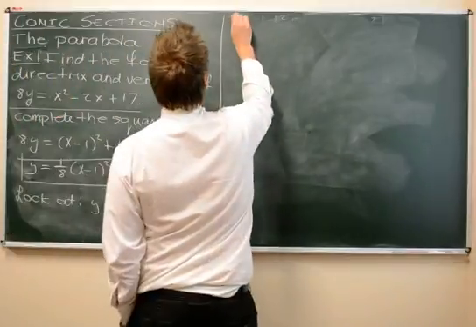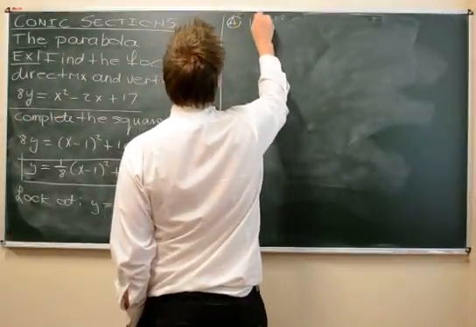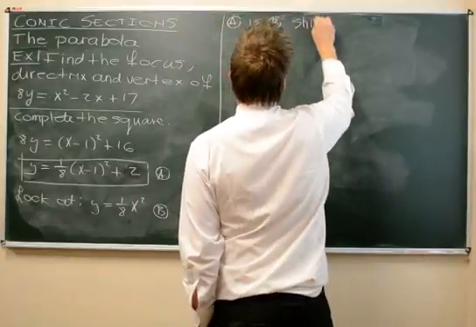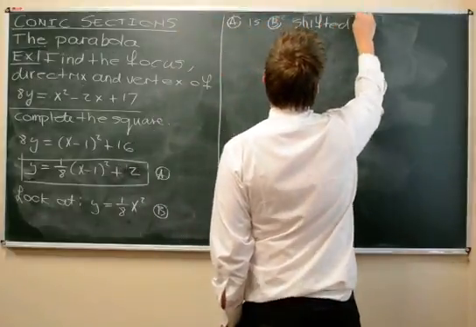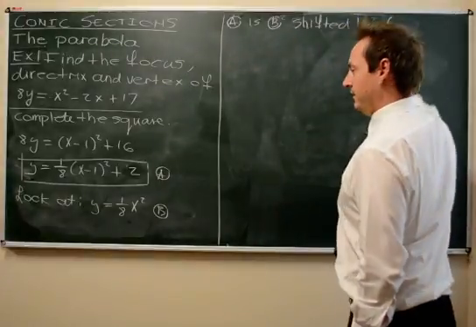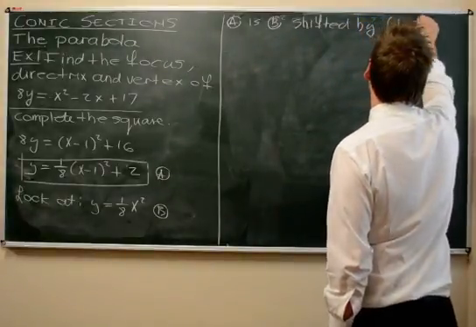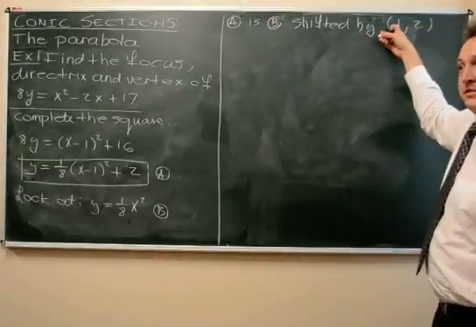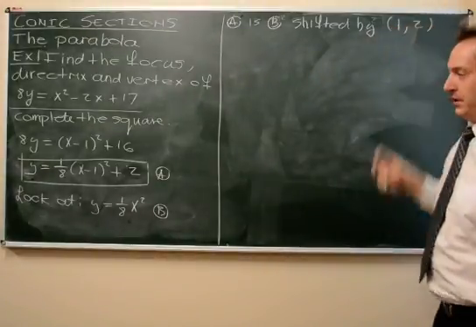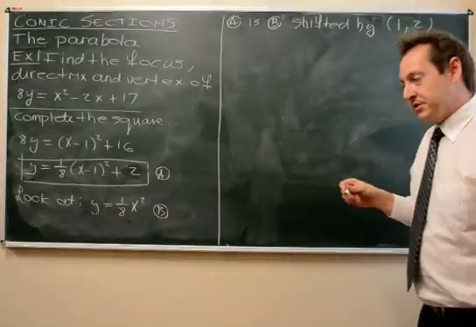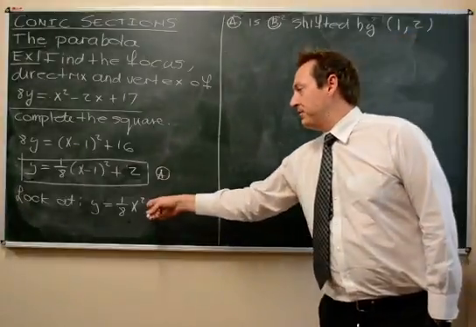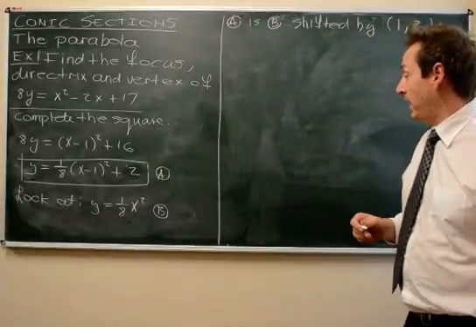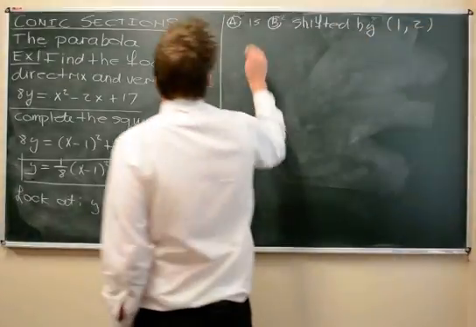So A is B shifted by (1, 2); in other words, 1 unit in the positive x direction and 2 units upward. So if we find all the features we need for B, we can just shift those to get the features for A.